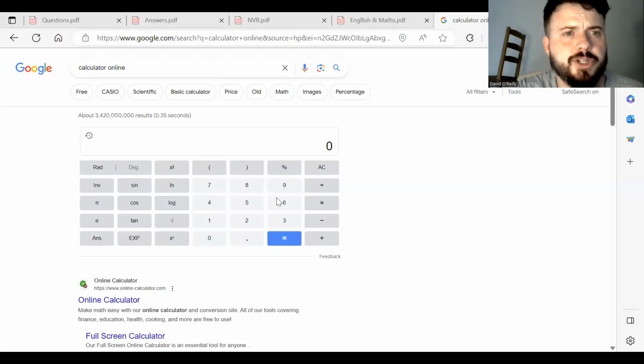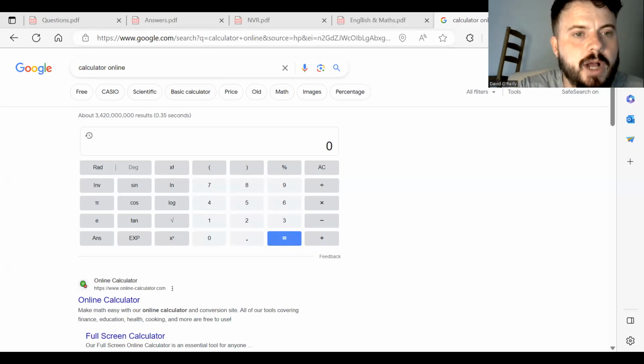All right. So all I've done is put into Google calculator online. Okay. And now we're going to use this calculator to just check that number 4, because I don't want you to be confused with what Alexa said. So we've got 12 subtract 3 times 5 subtract 4, but the 3 times 5 subtract 4 is in brackets. So let's write it in that calculator.